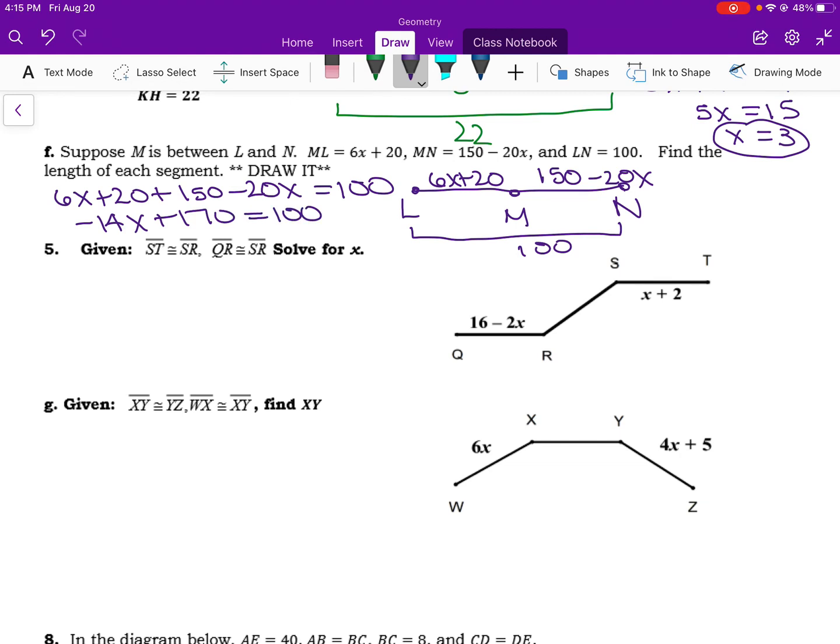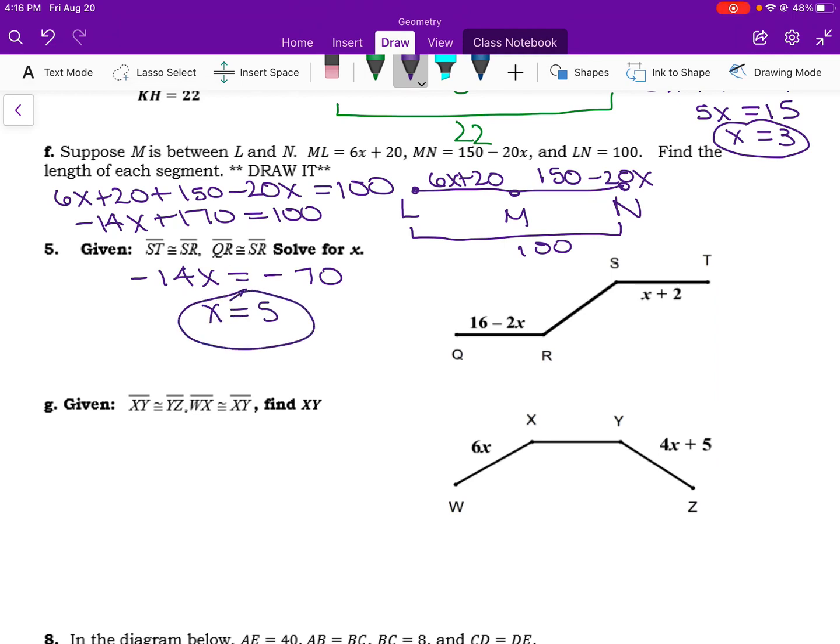And now I'm solving for x. I'm going to subtract 170 from both sides. So I have negative 14x equals negative 70. Divide both sides by negative 14. So if I divide both sides by negative 14, I would get x equals 5 because dividing a negative by a negative gives me a positive.